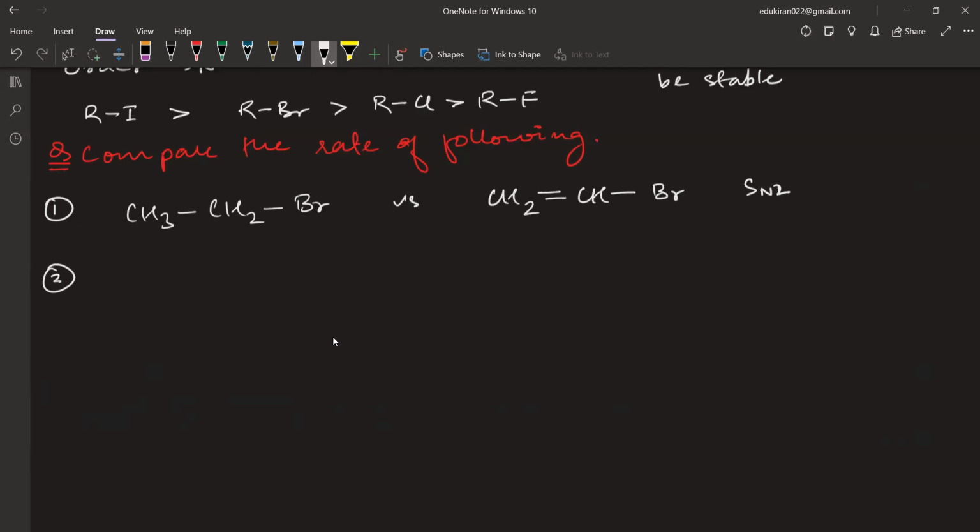Here you compare SN2. Then do something like this: you have the same chlorine versus chlorine here, and here you will compare SN1.